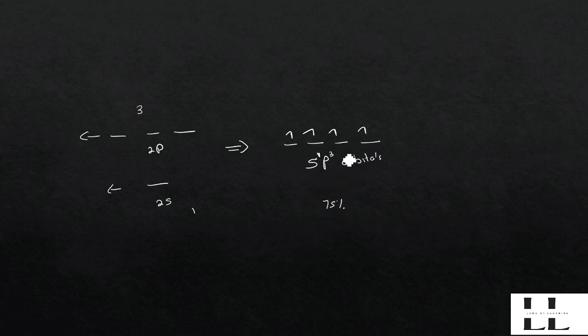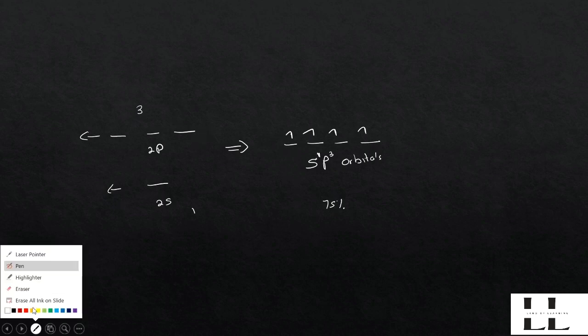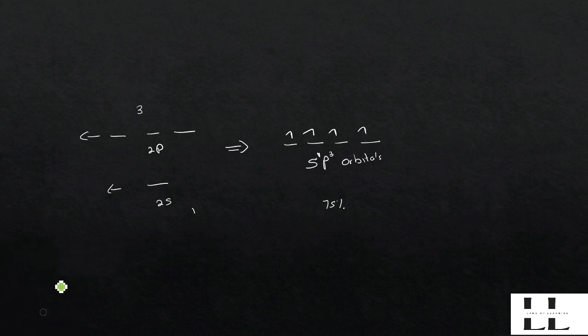So more character comes from the p side, which means it is more like p orbitals, but it's not equal to the p orbitals. You need to know that. Here this is the p energy, this is the s energy. This should be in the middle. This is the main thing about hybridization.